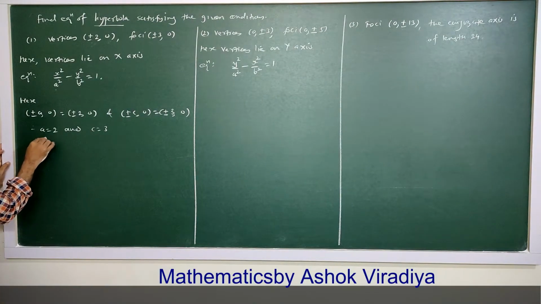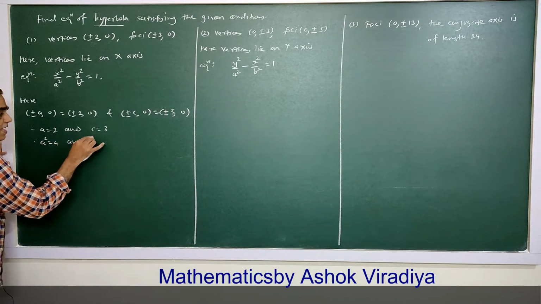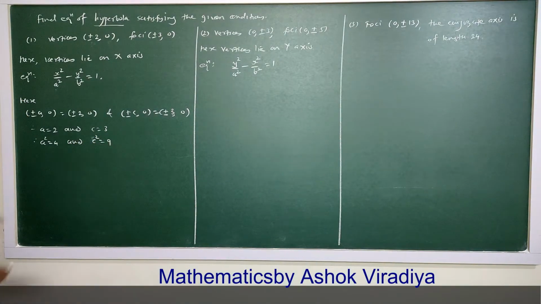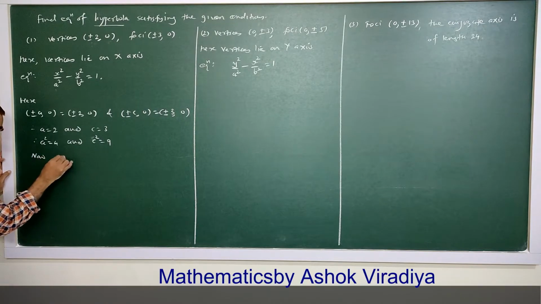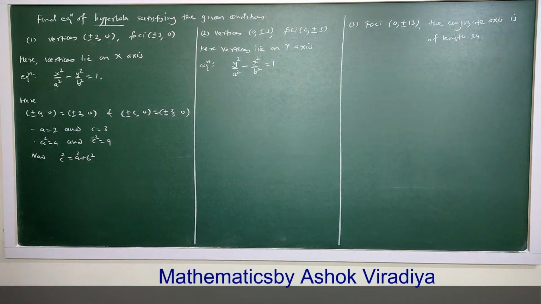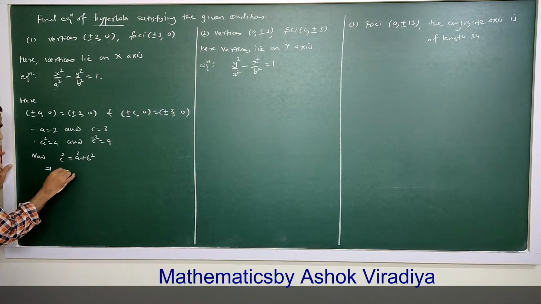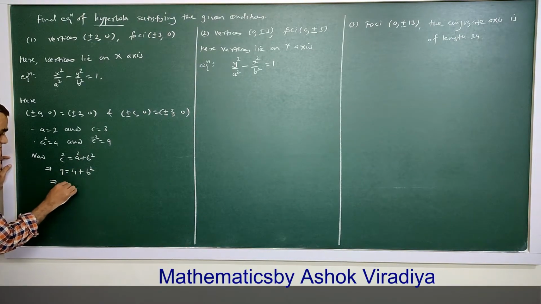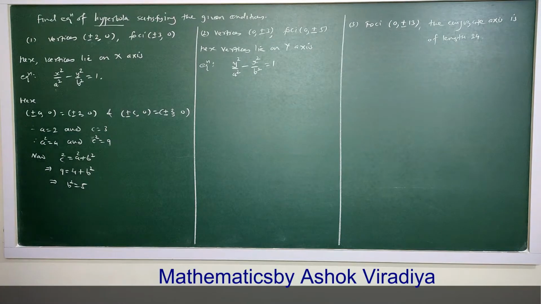So a square is 4 and c square is 9. Now we know that c square is a square plus b square. So 9 is equal to 4 plus b square, so b square is 5. So a square and b square are obtained using this result.